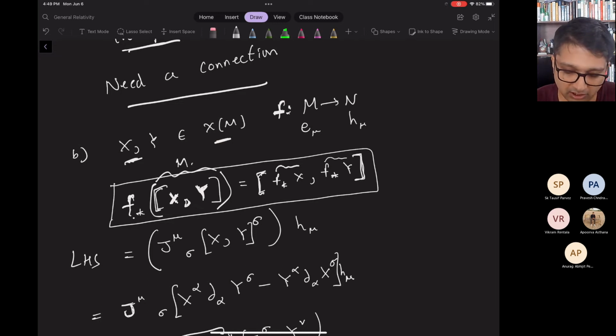This Lie bracket is now a Lie bracket on N, on vectors which are in N. So the claim is that these two things are exactly the same.